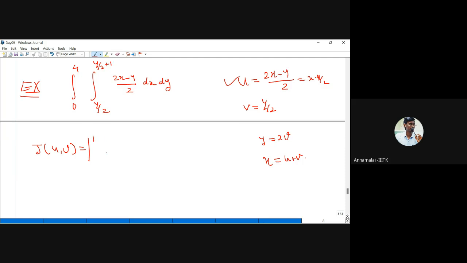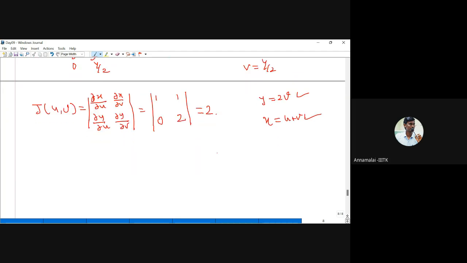Actually, you have to write the formula: the determinant of dou x by dou u, dou x by dou v, dou y by dou u, dou y by dou v. Here x is u plus v. If you differentiate with respect to u, we get 1. With respect to v, we get 1. And y has no u, therefore 0. Differentiating with respect to v, we get 2. So what is the determinant? You get 2. The Jacobian is 2.